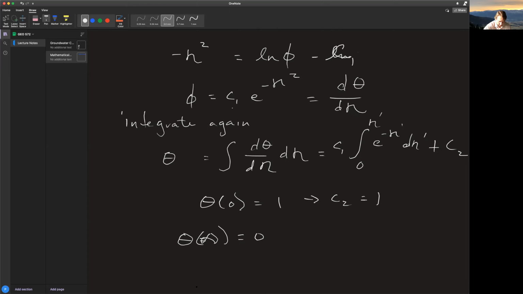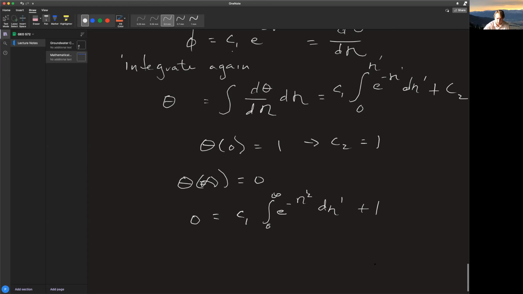So 0 is equal to C1, the integral from 0 to infinity of e to the minus eta squared d eta prime, plus 1.